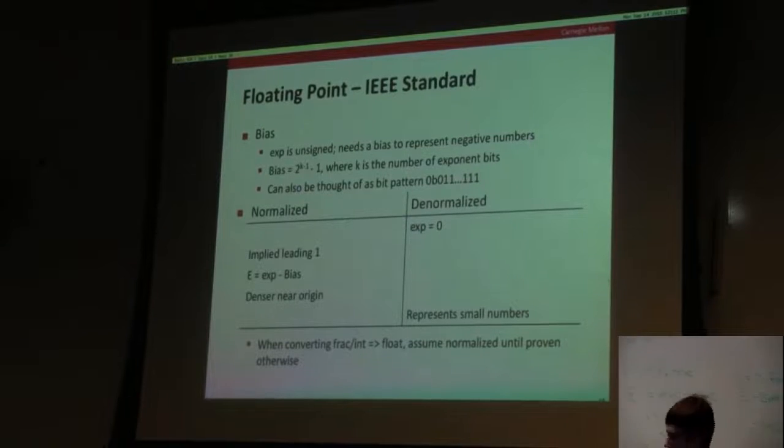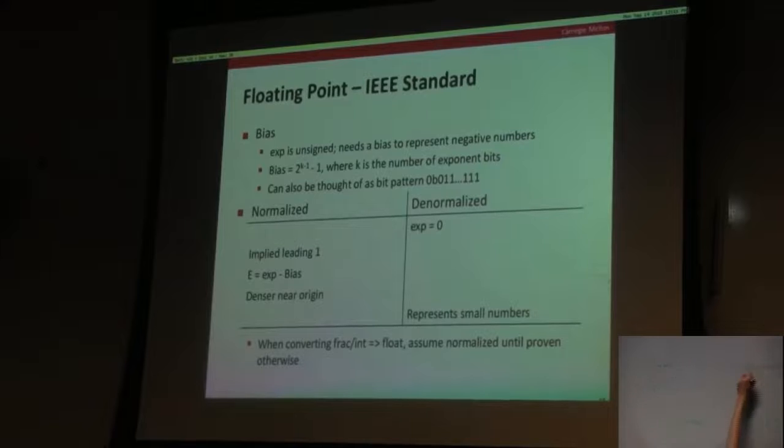So we know that a number is denormalized when the exponent equals 0. Okay? And we know that a number is normalized when the exponent is non-zero and something else. So we're going to have to reserve a couple bit patterns to represent some special cases. Because floating point numbers can do more than just normal numbers.